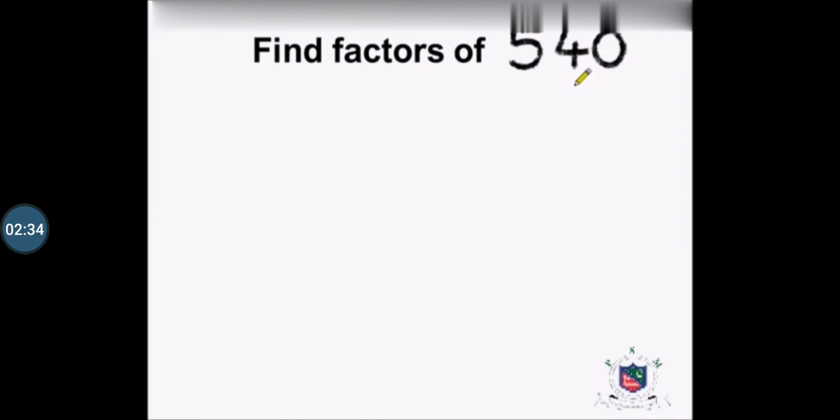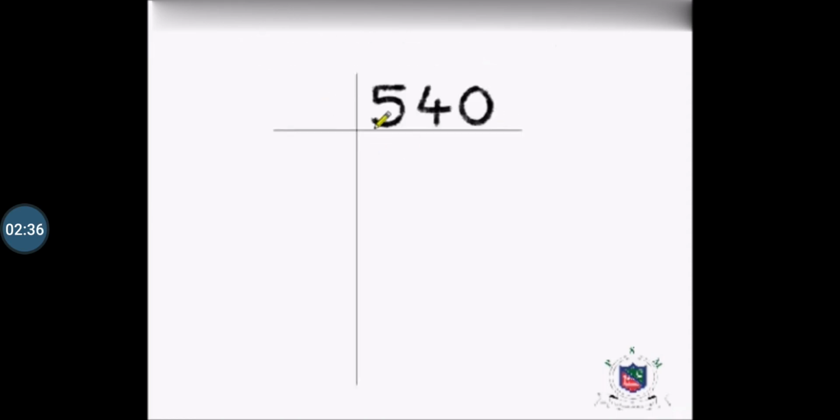Here we have to find the factors of 540 using the division method of prime factorization. So how do we start? We shall find the smallest possible number which exactly divides 540 without any remainder.